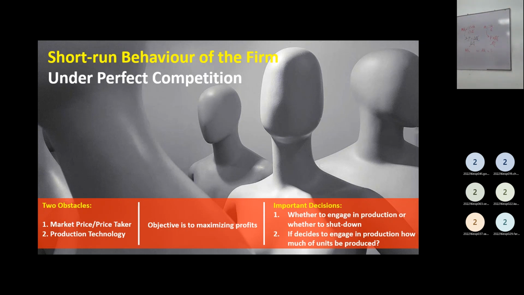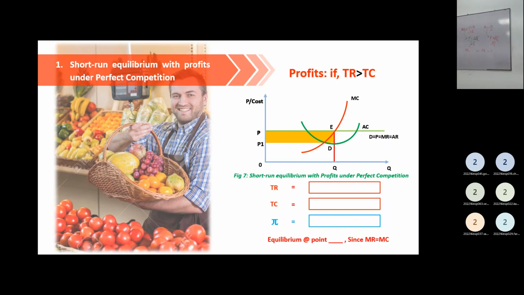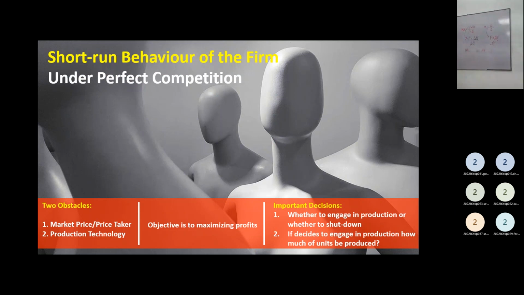First, they need to clearly understand whether they are going to continue their business or not. Second, if they continue, they want to determine how much output they are going to produce. Let's say they have decided to continue their business and determine their output level.